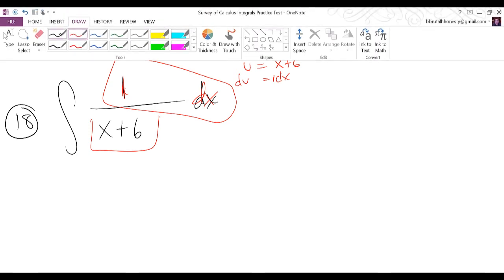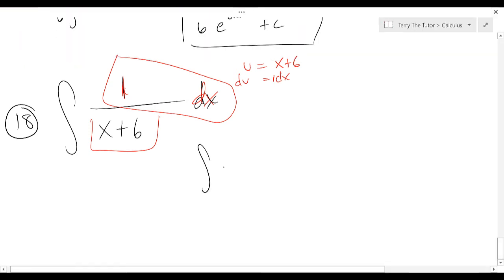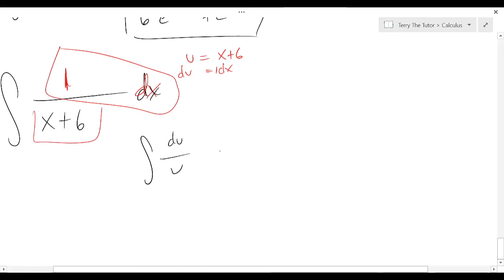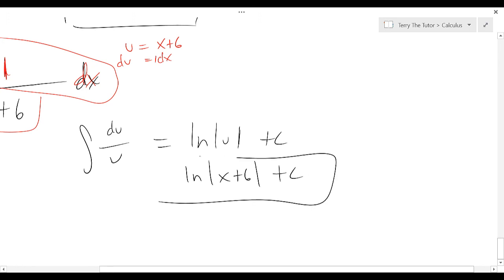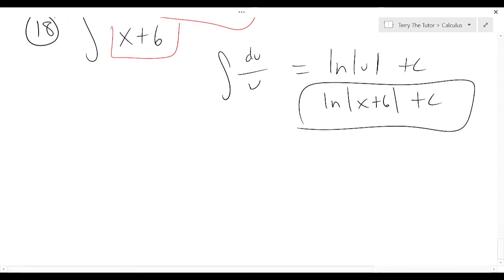So once again, I find myself with the integral of du over u, which is our natural log formula. So I've got the natural log of the absolute value of u plus c, or the natural log of x plus 6 plus c. And we're done. That was a really simple one.